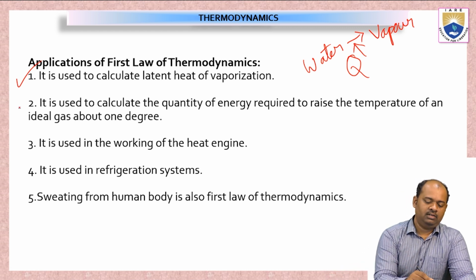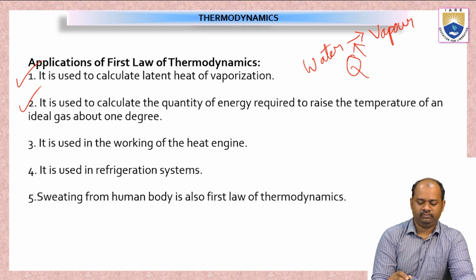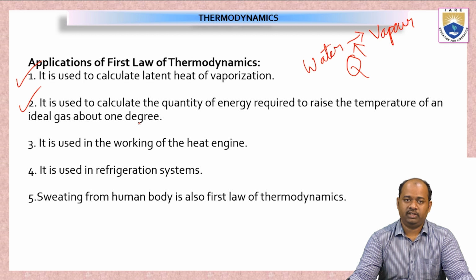And the second application is, it is used to calculate the quantity of energy required to raise the temperature of an ideal gas by 1 degree. So this is also calculated based on the first law of thermodynamics.